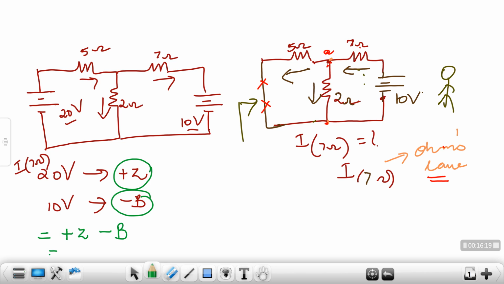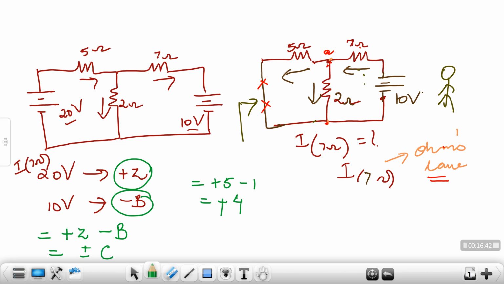Now, the final answer will be plus or minus C. For example, let me give you the value, say Z to be 5 and B to be 1. So the answer for C will be 4 and it will be plus. So what is happening over here?